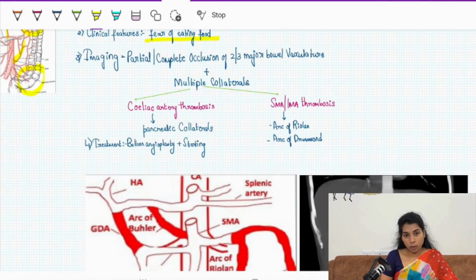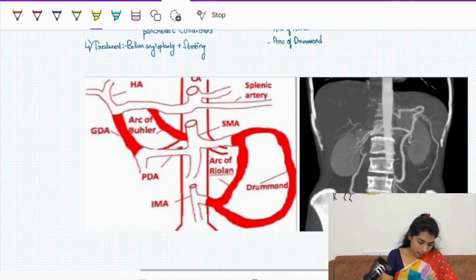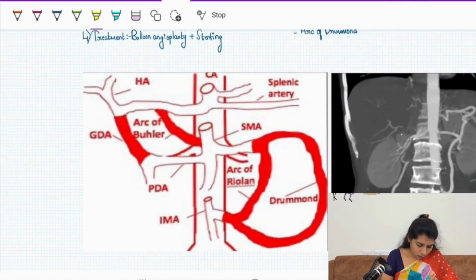If you are looking at celiac artery stenosis, then the collaterals are formed from the superior mesenteric or the inferior mesenteric, right? So, for a celiac, they form from the superior mesenteric artery, that is, they form pancreatic collaterals. How are they being formed? We look at this example. So, I've already told you that the gastroduodenal artery gives off a branch that is the superior pancreaticoduodenal artery.